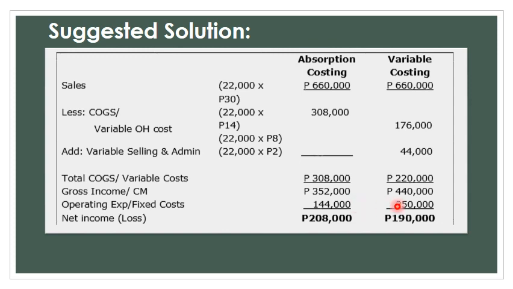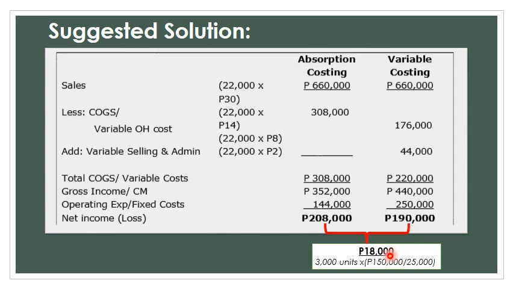Pagdating naman sa variable costing, itong 250,000, ito yung total fixed expenses, 150,000 plus 100,000. So, the total net income under absorption costing is 208,000 greater than the variable costing net income na 190,000. So, ang difference nila ay 18,000.